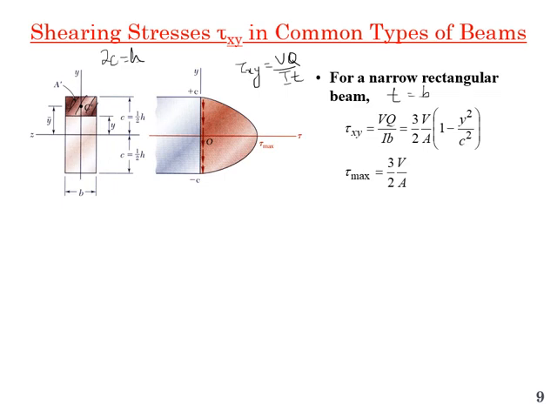So first, what is I for the whole cross section of this beam? I for the rectangular cross section is 1 by 12 b h cube, and we know that h is equal to 2c, so we can write 1 by 12 b (2c) cube.